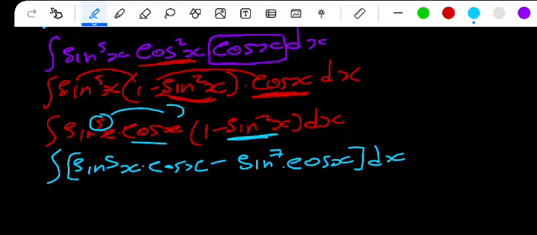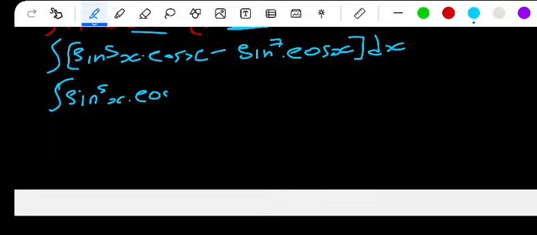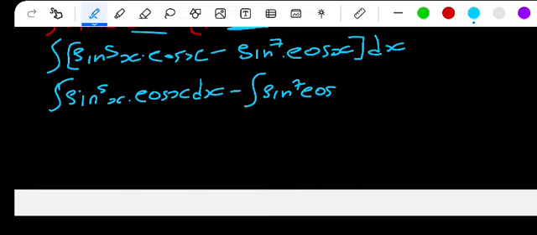So the focus now is to handle this. You know this is the same as the integral of sine raised to the power of 5x multiplied by cos x dx, minus the integral of sine 7 cos 5x dx.